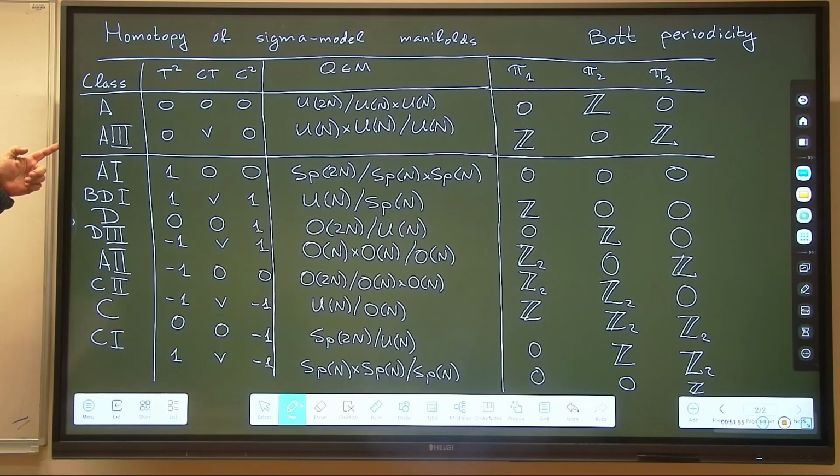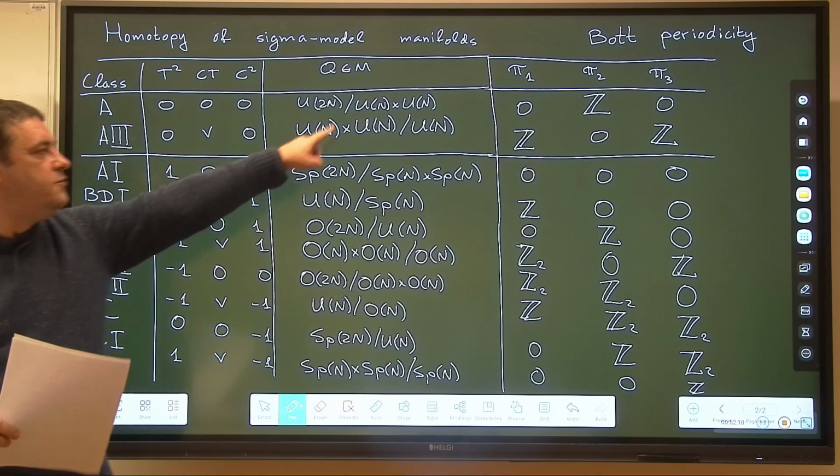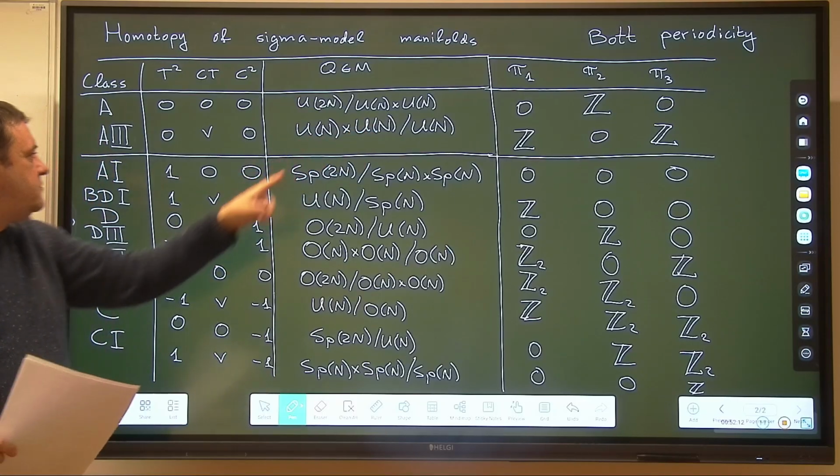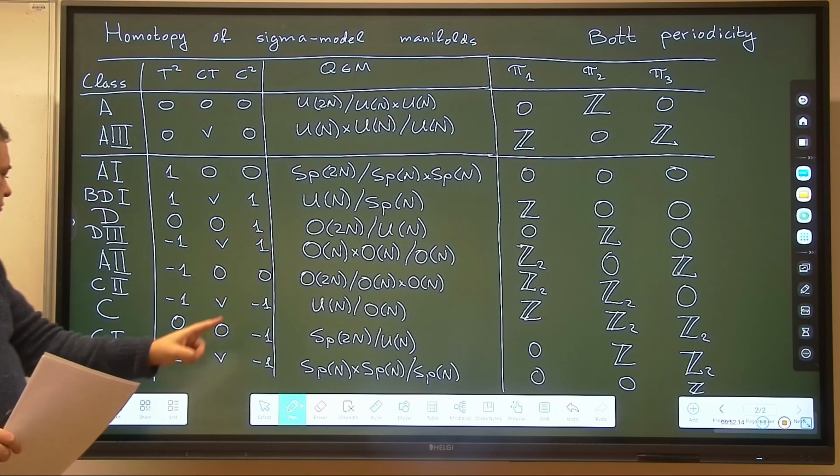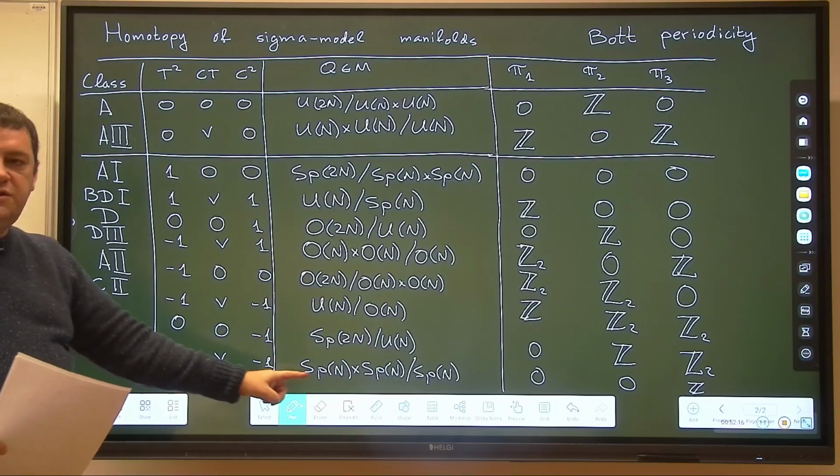And for example, there is another common statement about classes A3, D3, and C1. These are classes that live on the group where I can cancel one. So it's a unitary group, orthogonal group, and symplectic group.